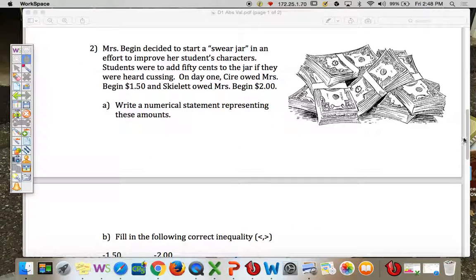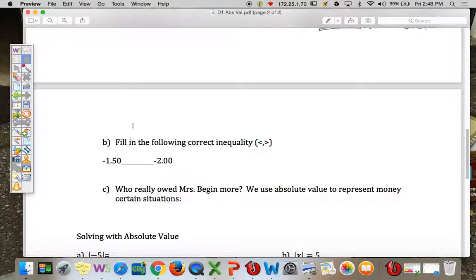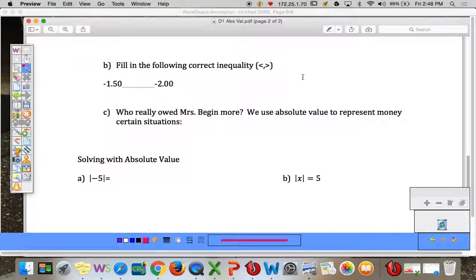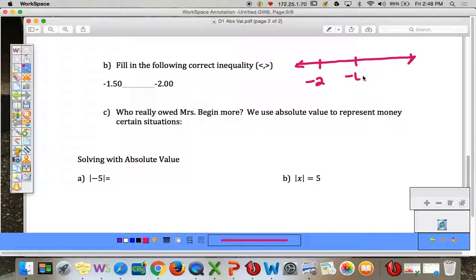And if we look at this inequality, we know that on a number line, here would be -2, here would be -1.5, and here would be 0. And so we know on a number line that -$1.50 is bigger than -$2, but who really owed more?